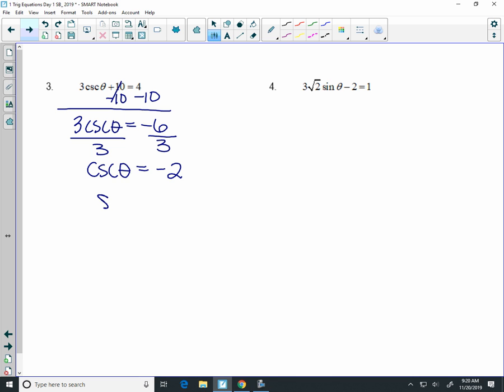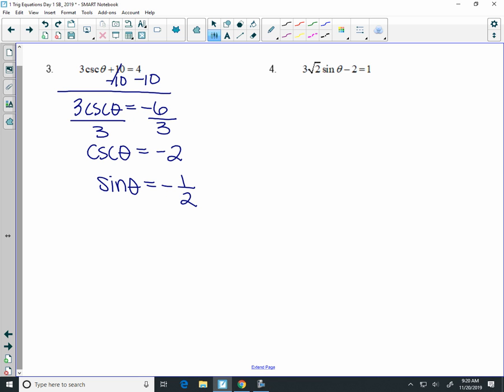If cosecant's -2, what is sine of that same angle? -1/2. So if cosecant's -2, sine's -1/2, and sine is 1/2 at our sixths. And sine is negative in quadrants 3 and 4.